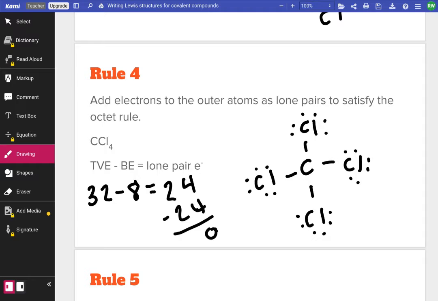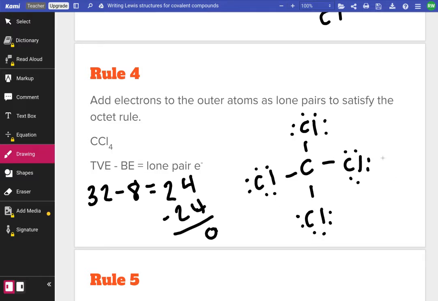So when you do it in that way, it's satisfying the octet rule because each chlorine has 2, 4, 6, 8 electrons around it, and the carbon has 2, 4, 6, 8 because they're all bonded, but that still counts. So then here I just did, okay, I have 24 lone pair of electrons.